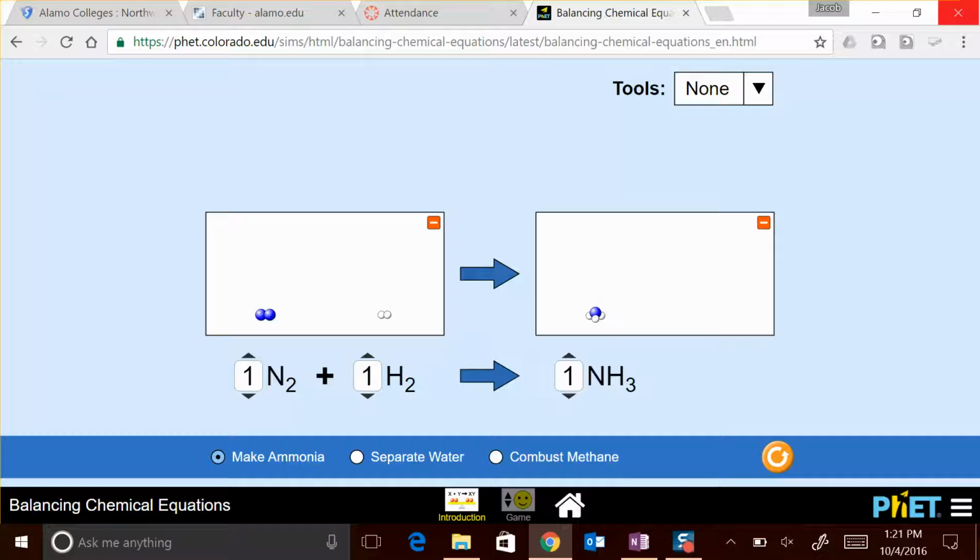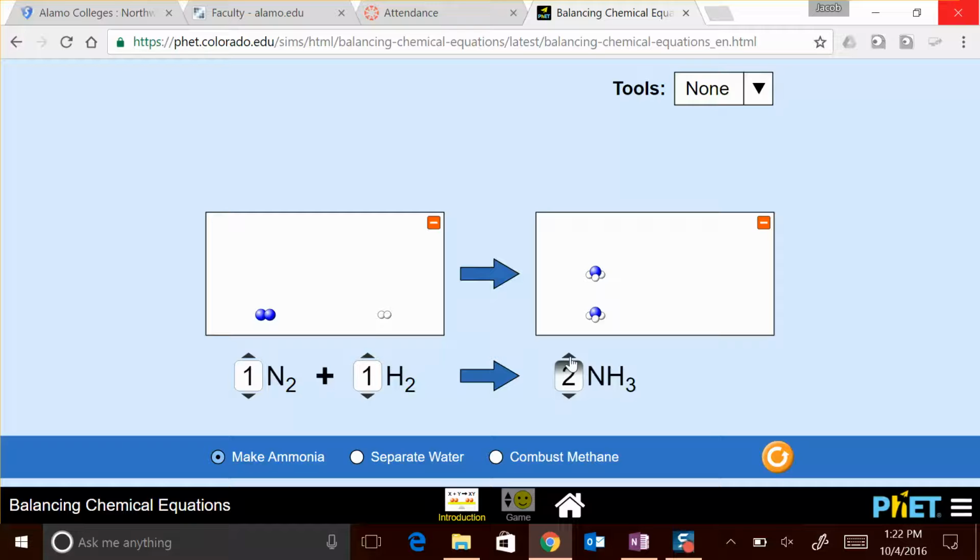I have 2 hydrogens and 3 over here. So, let's start with the nitrogens. Let's try to balance the nitrogens. What do I do to balance the nitrogens? I need 2 ammonias, right? I need 2 NH3s so that I can have 2 nitrogens. I have 2 nitrogens over here, 2 nitrogens over here.